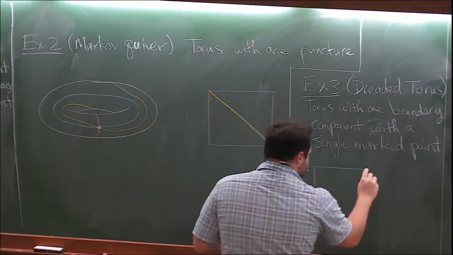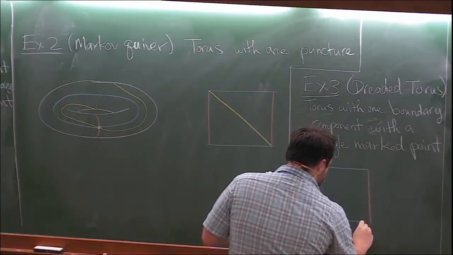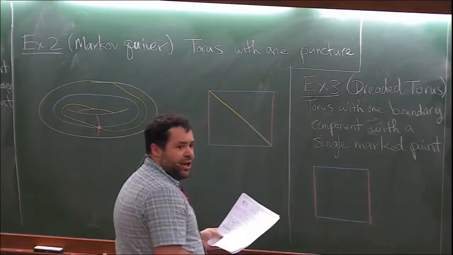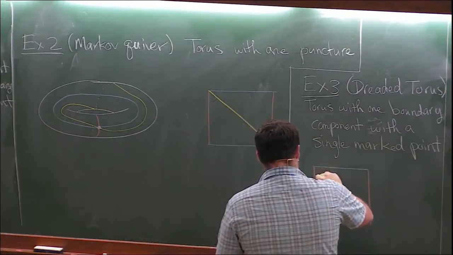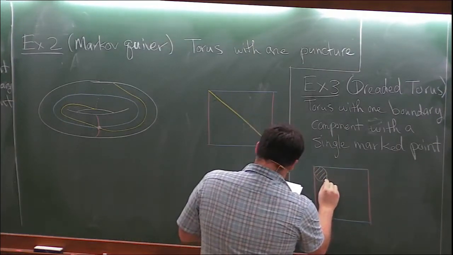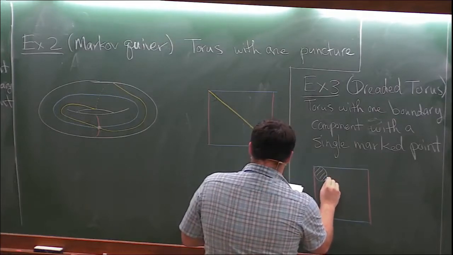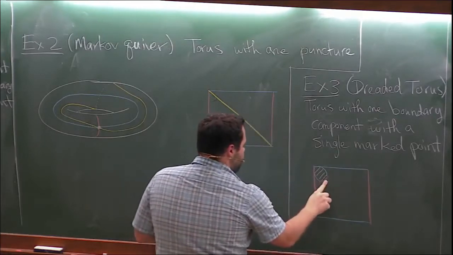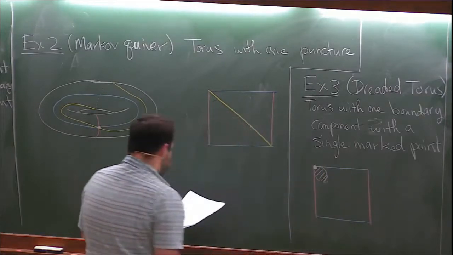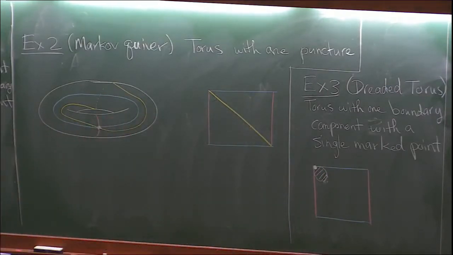I identify opposite sides. And now let me draw this disk that I'm punching out. I'm punching out this disk, and it has a single mark point on it. Here. Okay? So let me try to write down a triangulation of this.